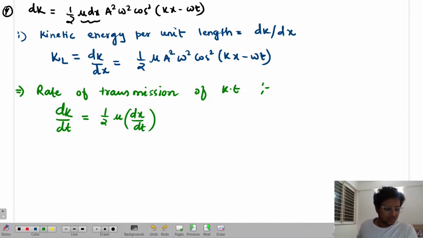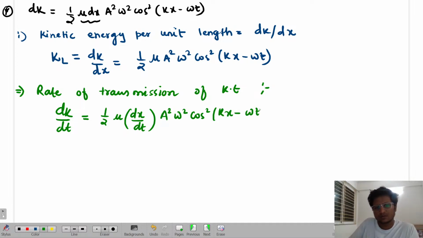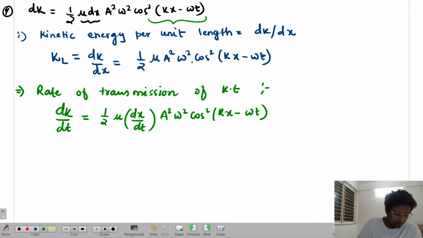So we will just consider dx by dt a square omega square cos square kx minus omega t. We are not differentiating this second term. Are you able to get me or not?